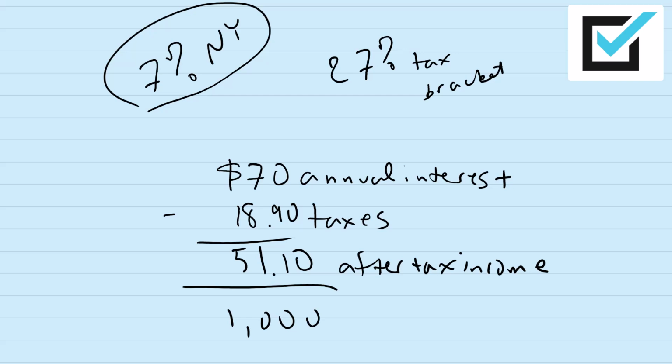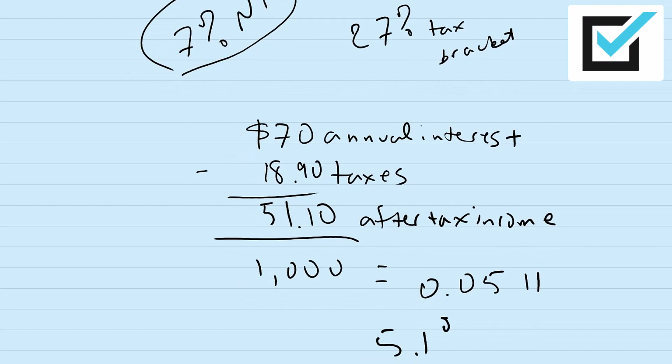So if you take $51.10 divided by 1,000, what do you get? 0.0511, 5.1%. So do you get the same answer? You do. Oftentimes students like it this longer way where they can actually see how the math works. It just makes more sense to them. And that's fine. You do have a time limit on the test. Don't ignore your time, but generally students don't run out of time.